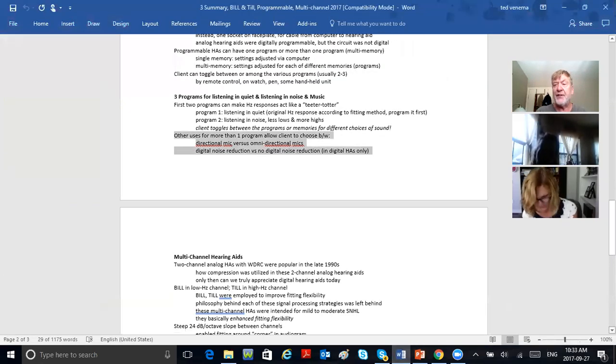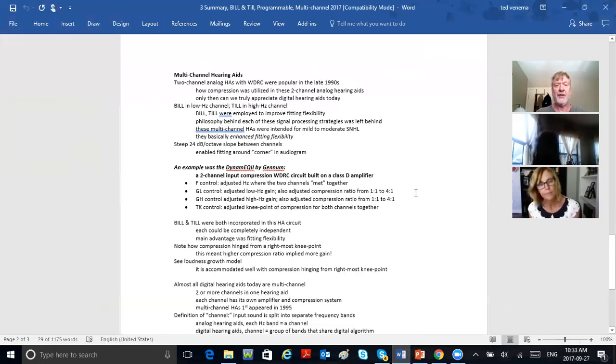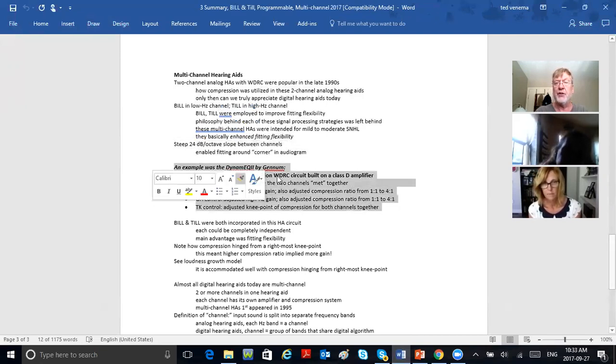Multi-channel hearing aids, how we finished this morning, there it is. Okay, multi-channel hearing aids. Basically, this just gives you a bit of history. All of this stuff is what we covered. Don't worry about this steep 24 dB per octave between channels. That was just describing the world's first 2-channel hearing aid, which was a circuit made by a company called Genum.